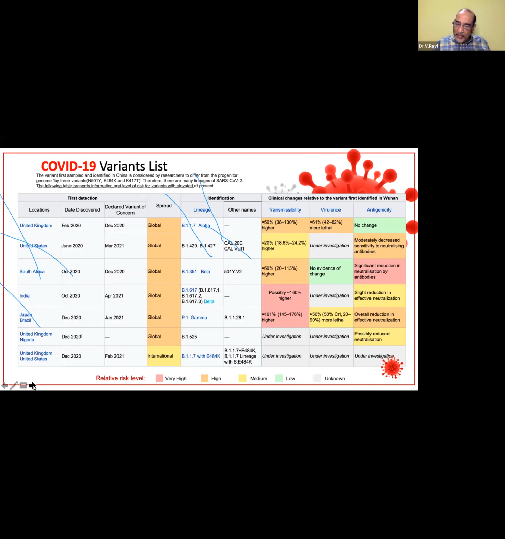When I say maximum escape, I must qualify saying that all vaccines protect against all variants when it comes to serious disease and death. But in terms of infection prevention, the South African is the most resistant.